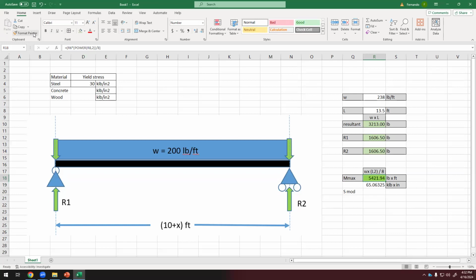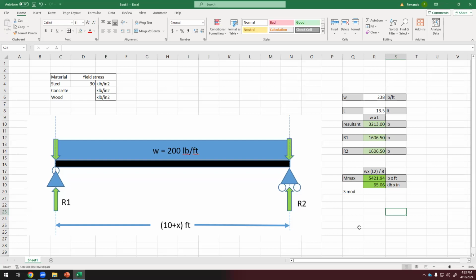Now I use the format painter, I put it here, and we have only 2 decimal places. So this is the same value, but different units. This is kilopounds per inch. And then the section modulus is the moment, in the right units, kilopound per inch, divided by kilopound divided by inch squared.